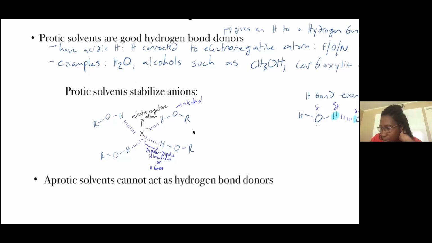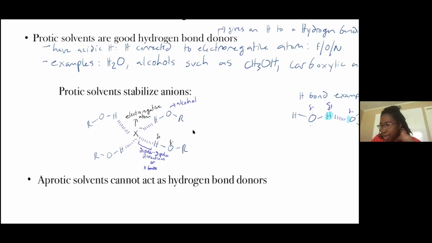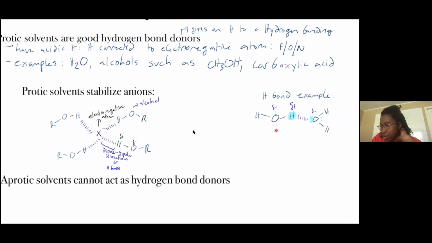Just as in our example before, each of the hydrogens in the alcohol is going to have a partial positive charge, while each of the oxygens is going to have a partial negative charge. These little dashes represent the interactions between the solvent molecule and the electronegative atom. Depending on the identity of the electronegative atom, they can be either dipole-dipole interactions or hydrogen bonds. If the electronegative atom is an F, O, or N, it could be a hydrogen bond, very similar to what's drawn in our example here.